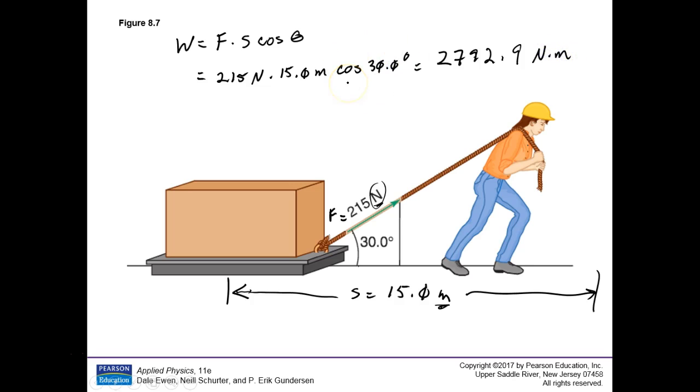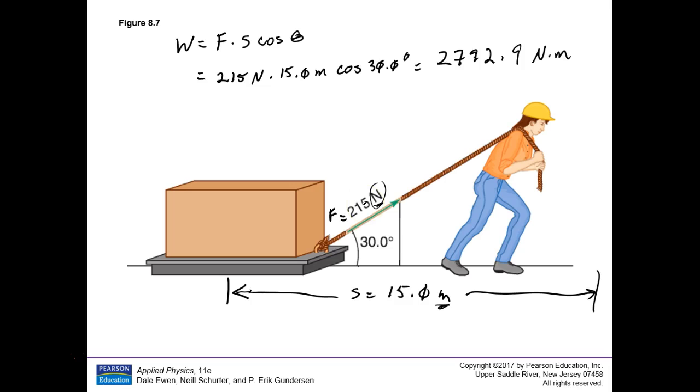Cosine theta has no units with it. The 30 has a unit of degrees, but the cosine is a dimensionless quantity. It's a ratio of two lengths, so it has no dimension. Now, that's too many significant digits, because here we have 1, 2, 3, here we have 1, 2, 3, here we have 1, 2, 3.